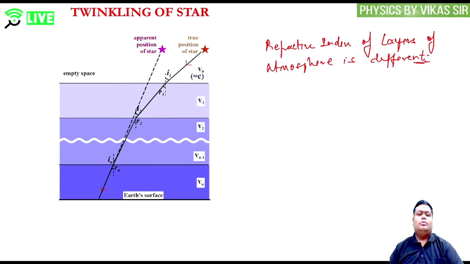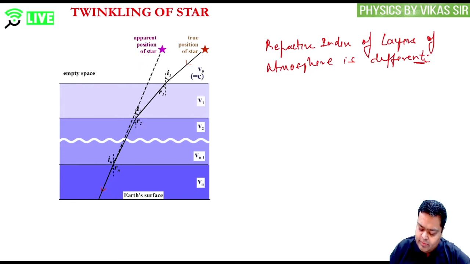The second major reason is that the layers of the atmosphere keep constantly shifting because of the air movement, the wind movements. So if we move upward from the earth's surface, there is going to be a different refractive index for every different layer. I am talking about this particular phenomenon in the night. So in the night, the layers which are closer to the surface of the earth appear to have a different optical density with respect to the upper layers.